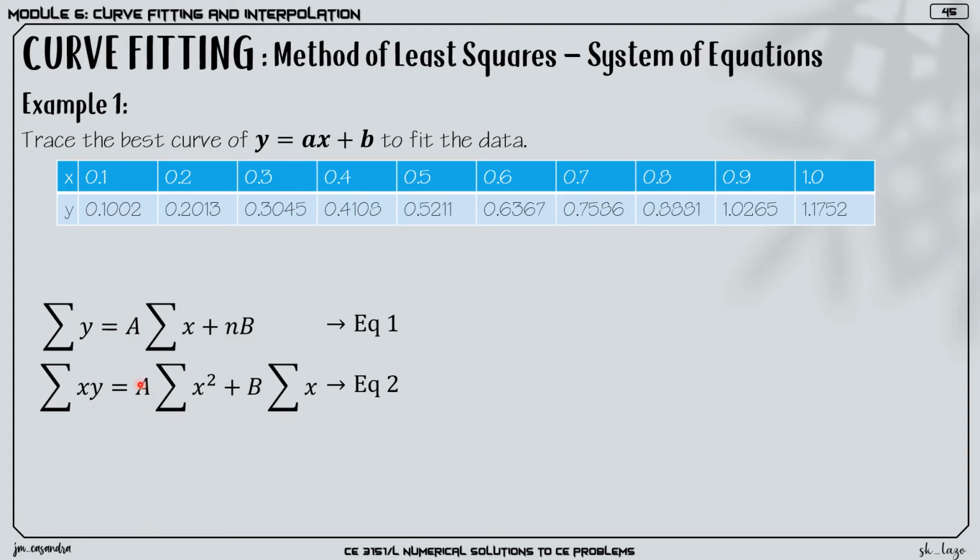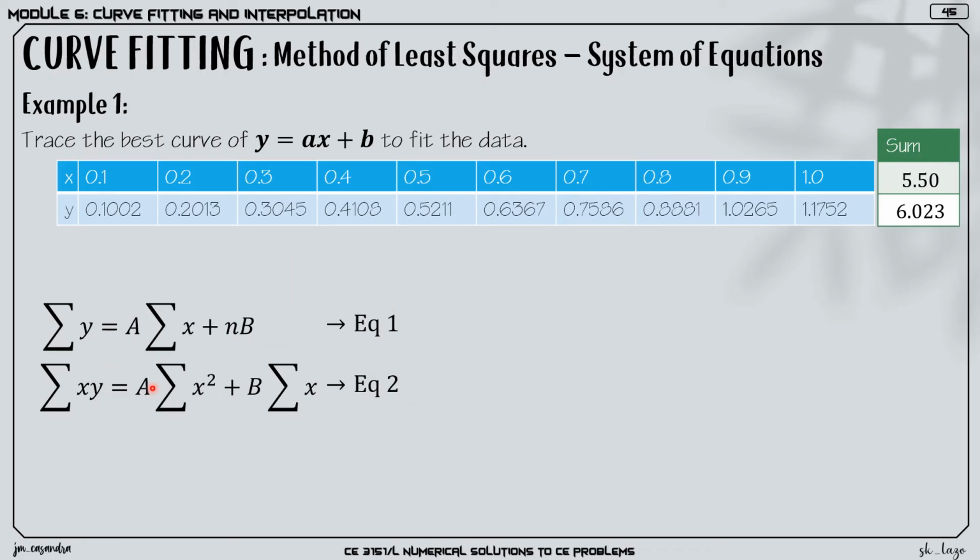From these equations, what we are going to need is the sum of y and the sum of x, which can be taken from the given table, and that is now equal to 5.5 and 6.023.